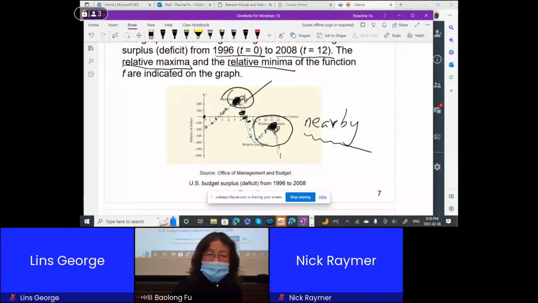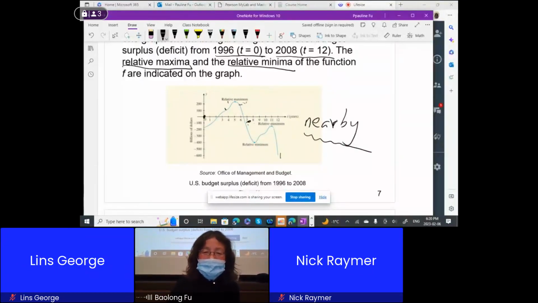And similarly, if I give you this curve, suppose this curve continues this way. And this point is relative minimum. But this point is also relative minimum.